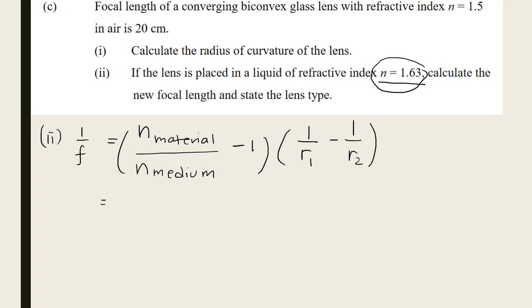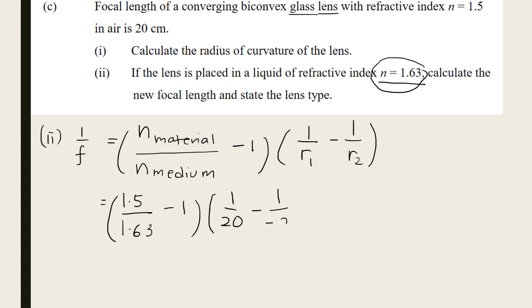Okay, what is n material? It's the material that the lens is made of. So it's obviously stated in the equation that the lens is made of glass. So n material is n glass, 1.5. We are immersing the lens in a liquid of refractive index 1.63. So medium is where you immerse the lens in, and minus 1. And what was the value that we got from equation number 1? It's 20 cm. So 1 over 20 minus 1 over negative 20.